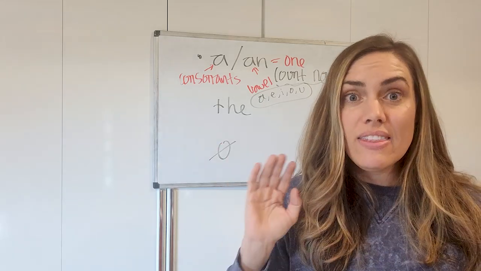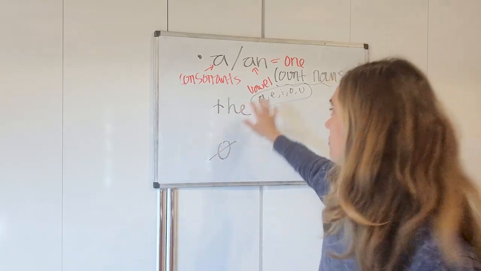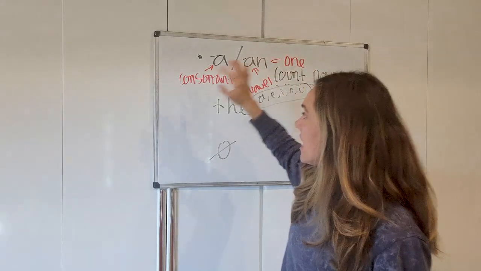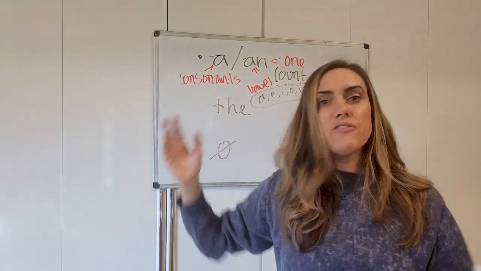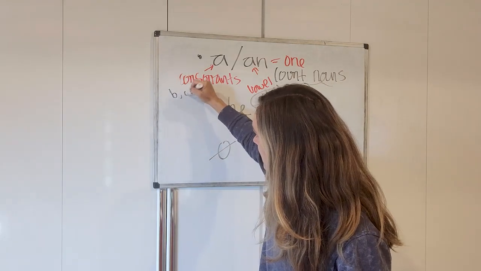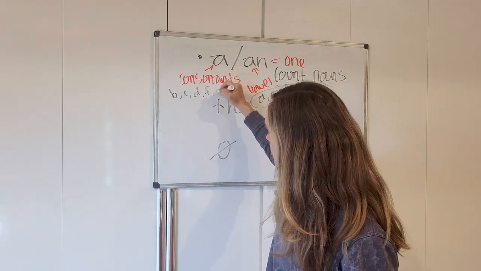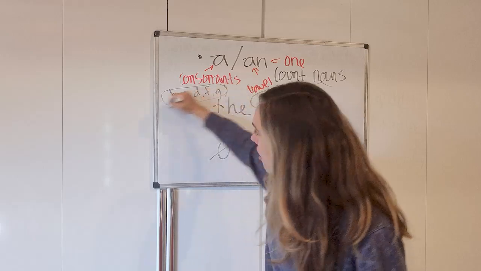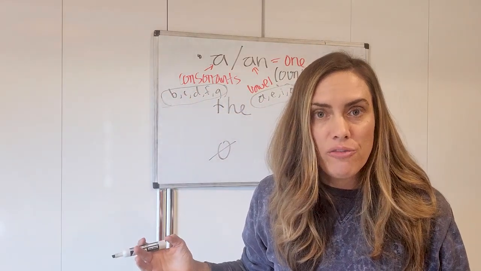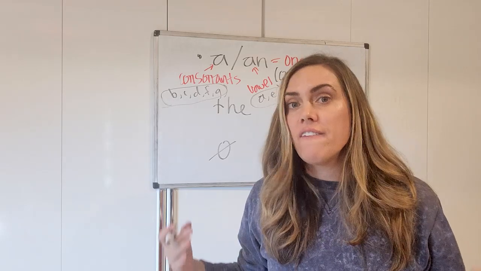So it's not the letter that you're looking for. It's the sound, okay? A consonant is everything else. A consonant is like B, C, D, F, G, all the other sounds in the alphabet that are not a vowel.